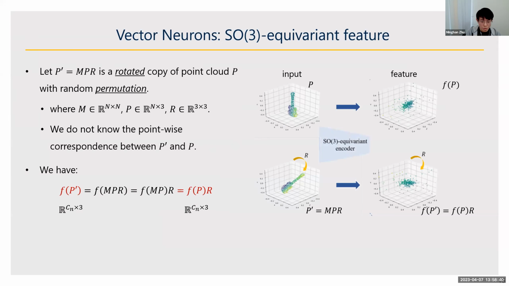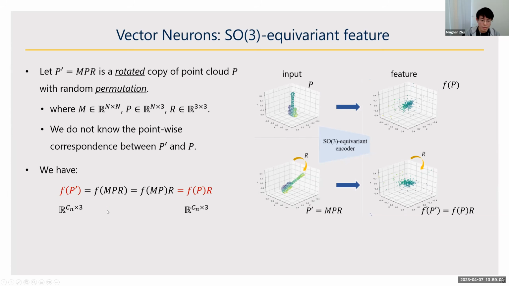However, due to the equivariant property and the permutation invariant property, the output of such a vector neural network, the SO3 equivariant encoder, will give us a final result that is related by a single rotational matrix.